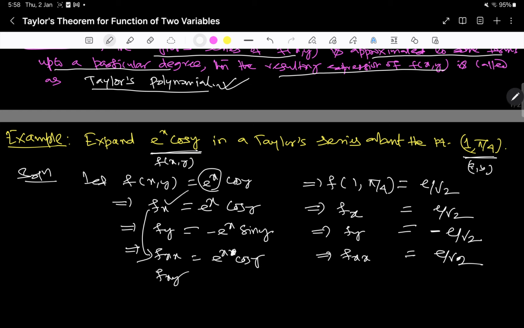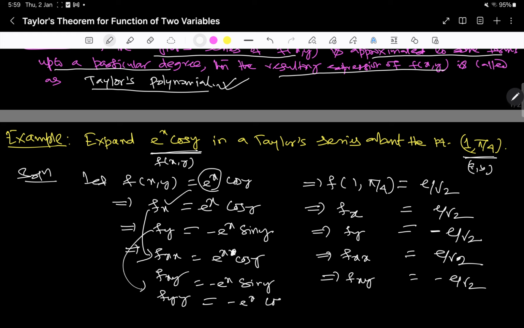If I differentiate this with respect to y here, it is minus e to the power x sin y, right? So this implies my fxy is minus e by root 2. So what is my fyy? If I differentiate with respect to y, it is minus e to the power x cos y. So this implies my fyy will be minus e by root 2.